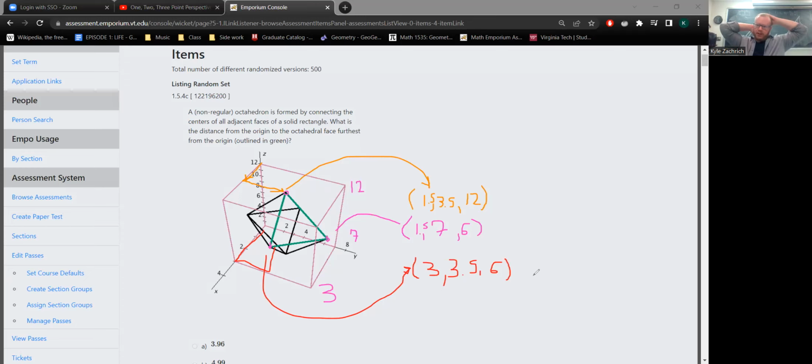So earlier, I showed you how you can take 3 points and figure out a plane equation from that. So you can take these 3 points to make a plane.